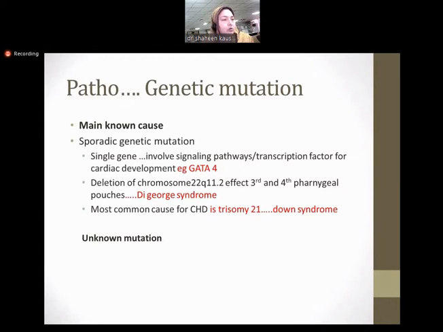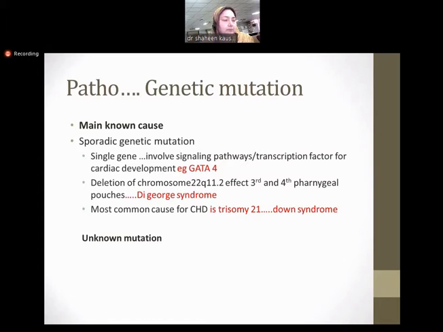Among the main known causes, there is a sporadic mutation which may be a single gene mutation involving the signal pathways or transcription factors for cardiac development, and the best example is GATA4 mutation.